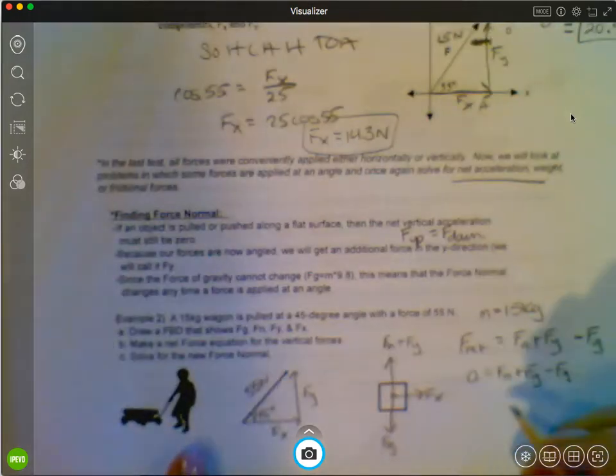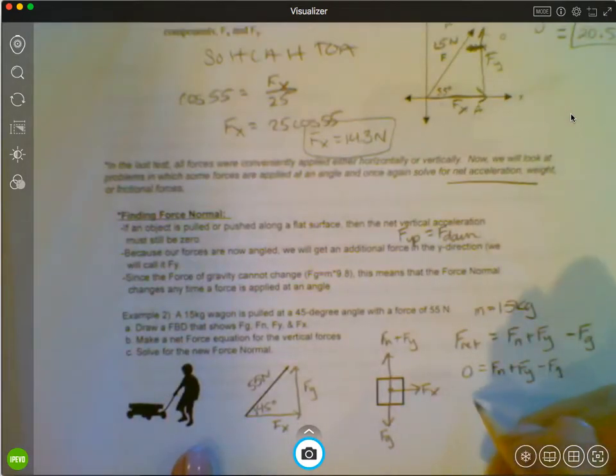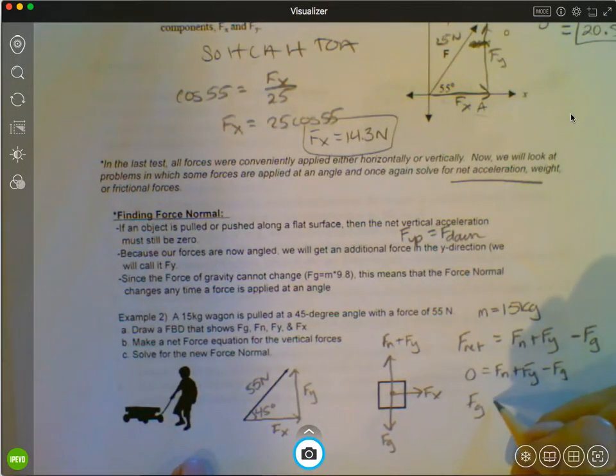So in that case, I can add Fg to the other side. Actually, let's add Fg and subtract the Fy. Right? Okay. And Fg is mass times gravity, so this is going to be 15 times 9.8.